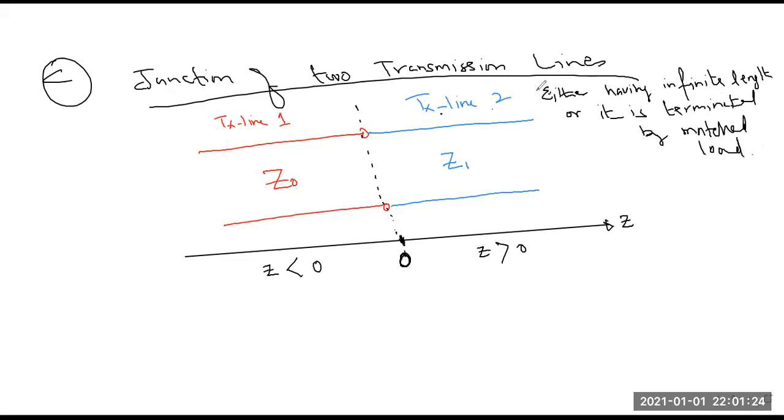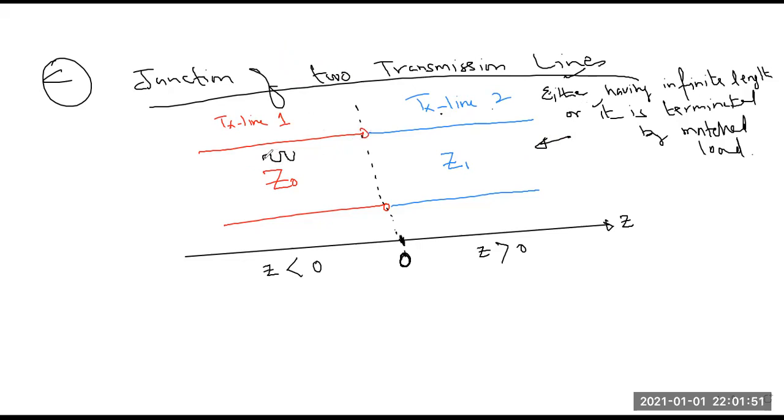In both cases, whichever possibility we consider, there will be no reflection from this end. There will be no reflected signal that can appear from this side.